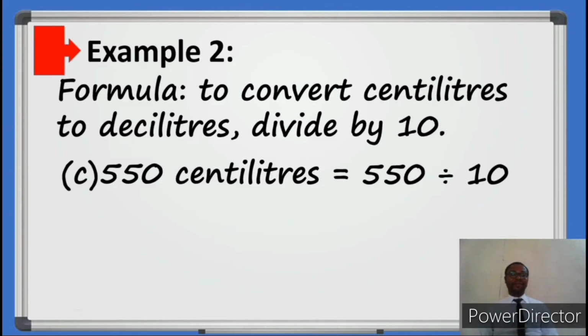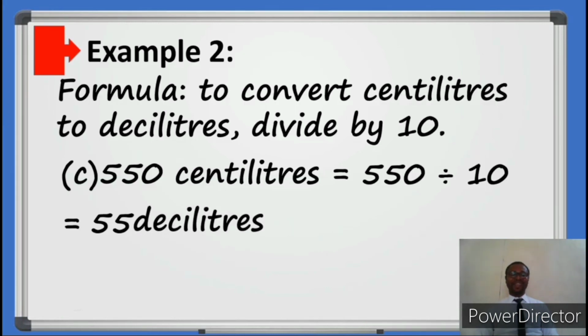So divide by 10, because 10 centiliters is equal to 1 deciliter. So to convert centiliters to deciliters, divide by 10. So 550 divided by 10 is equal to 55. So we have 55 deciliters.